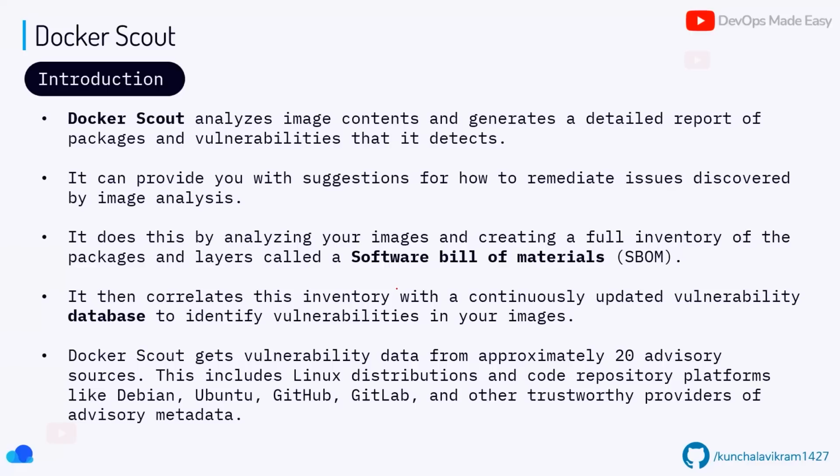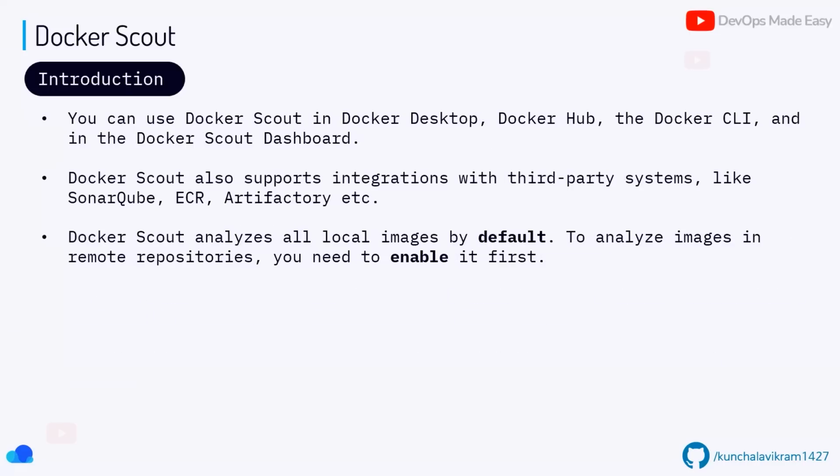Docker Scout takes that reference from a lot of such advisory databases. There are more than 20 sources it refers to before deciding whether a particular image is impacted with a known CVE or not. So there are a lot of security advisory sources we will see. You have one from GitLab, from Ubuntu, from Debian. There are a lot of sources that actually maintain this particular information.